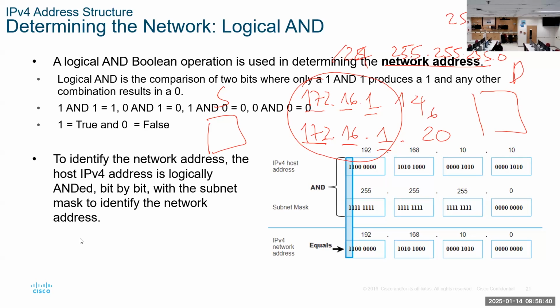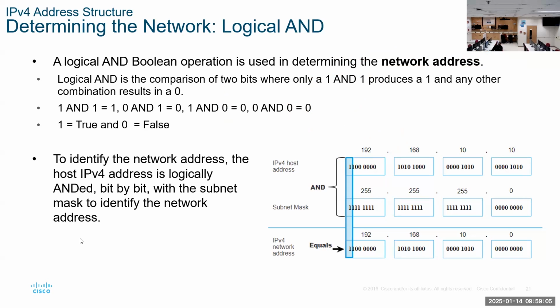Again, to tell whether the destination is on the same network or not, you have to know the IP address and the subnet mask. Without the subnet mask, you have no way to tell. That's why it's very important to know the concept of the subnet mask.